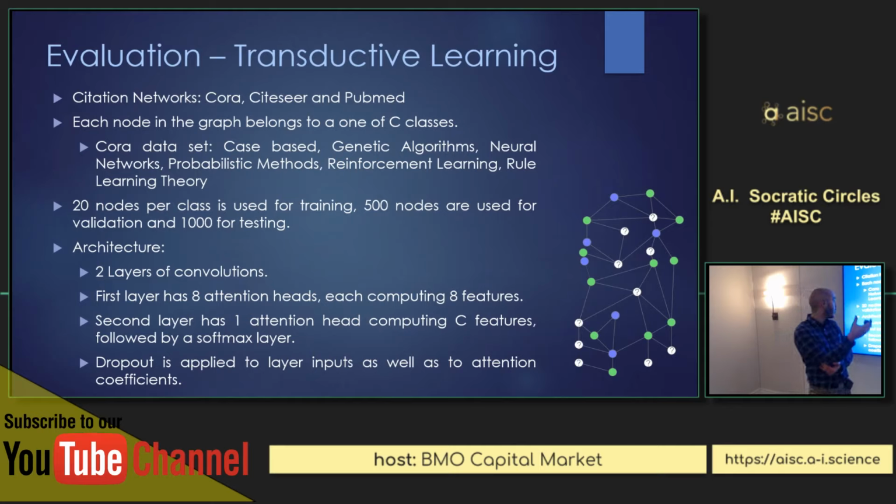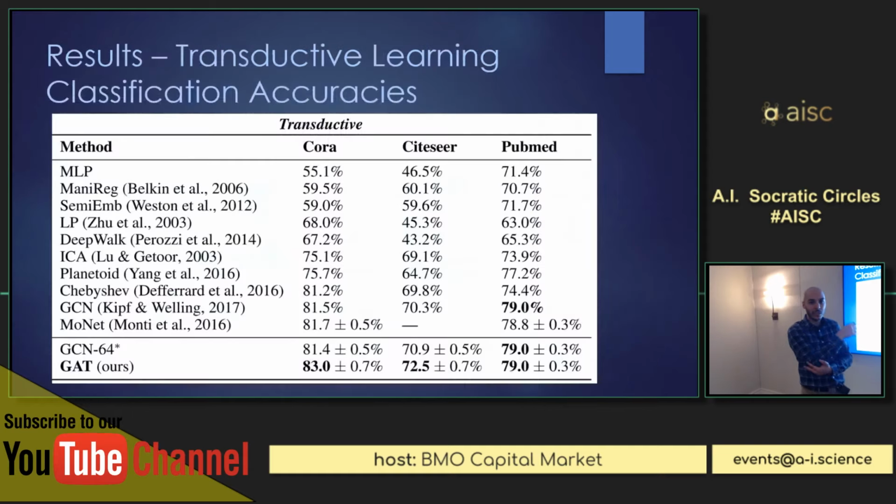Okay, 20 nodes per class are used for training the GAT, basically. So for these 20 nodes per class, you have their labels, right? And for the rest, you don't have their labels. I forgot the details, but the validation nodes are, I think, used for early stopping, and the testing nodes are used for the test. And that's the result here based on the testing nodes.